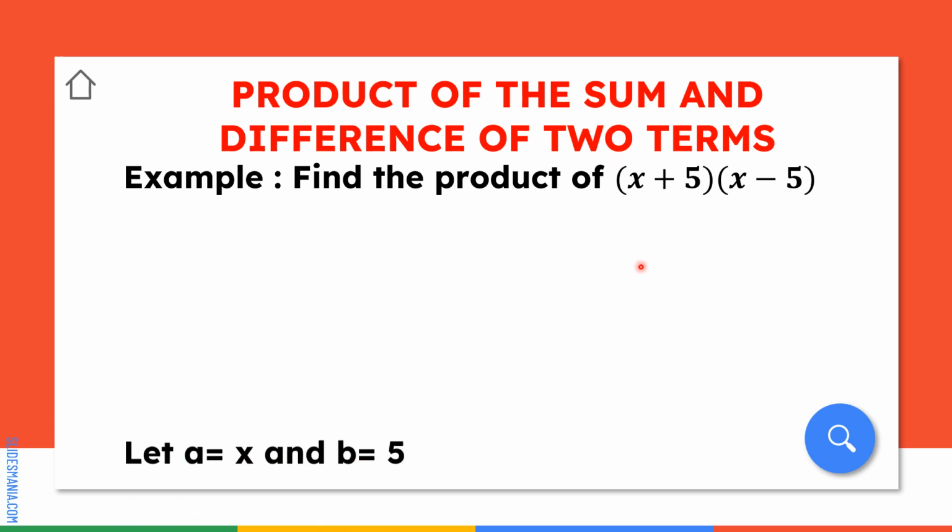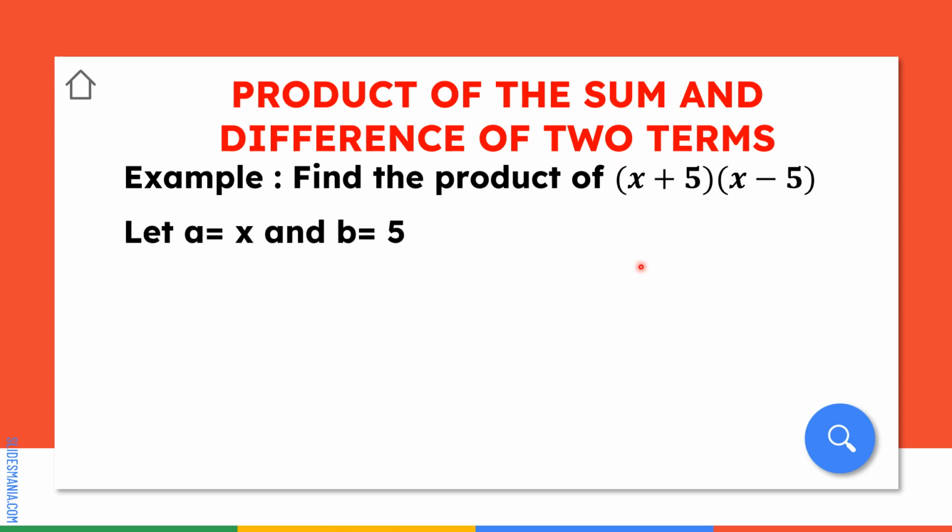So let a be x and b equals 5, and then substitute this to the general formula, which is a squared minus b squared. So we have x squared minus 5 squared.